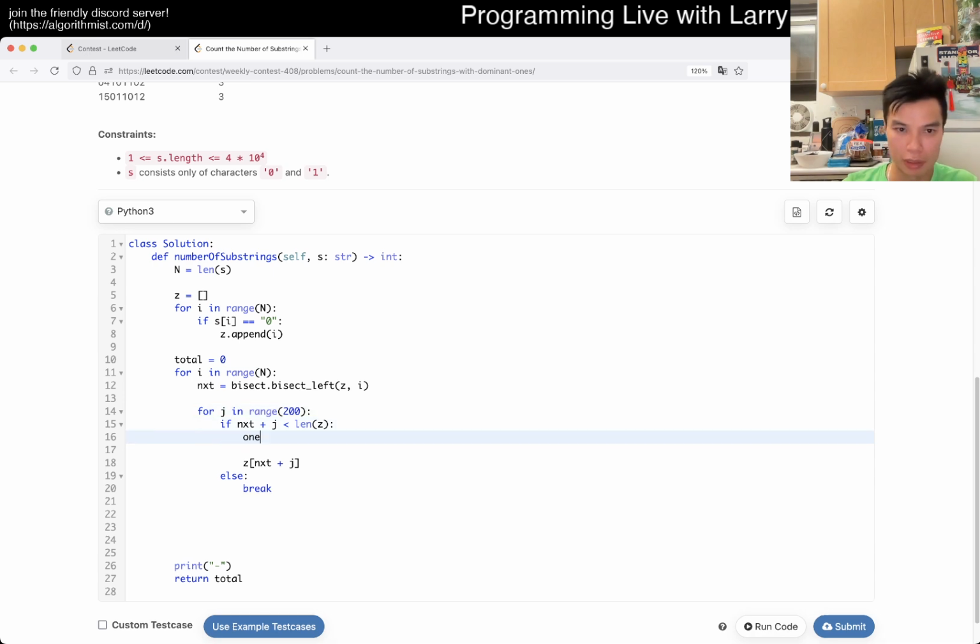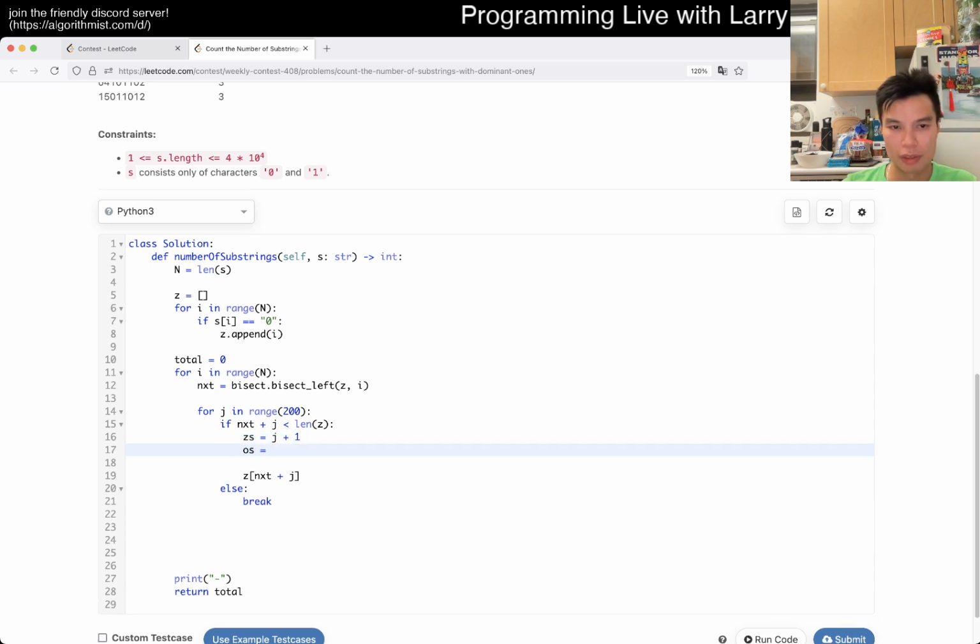So ones is equal to, or zeros is equal to j plus 1, and then ones is equal to this thing minus I minus zeros, right?